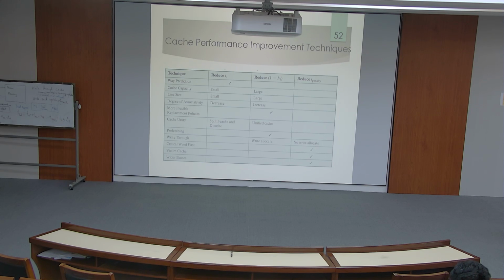So it does reduce the hit time. When it comes to the line size, as you can see, it has importance on the hit time. And a larger line size can reduce the miss rate.